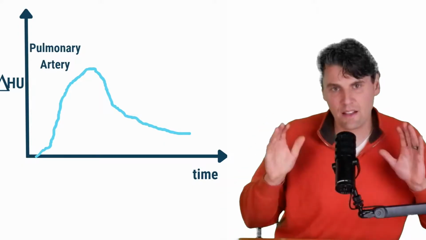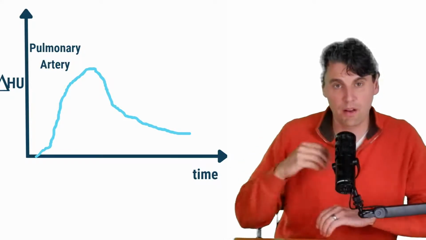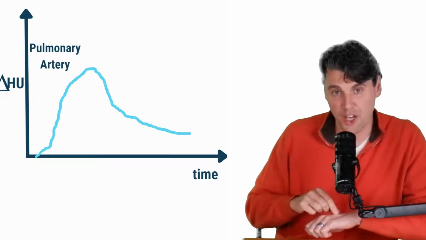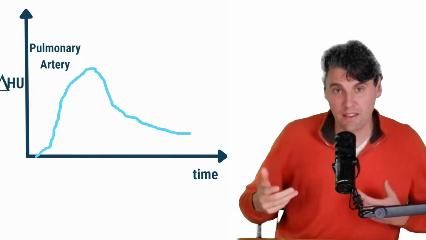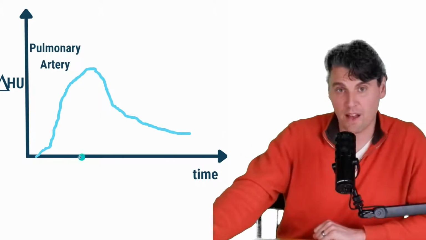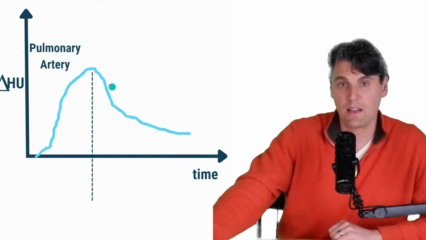So what is that going to look like in terms of the different parts of the body? Like we talked about, we're doing our contrast injection into the venous system. So the pulmonary artery is going to get opacified relatively early in that phase. And if we want to do imaging of the pulmonaries, we would want to be somewhere around here, and this region right around here, we'll put our scan window.